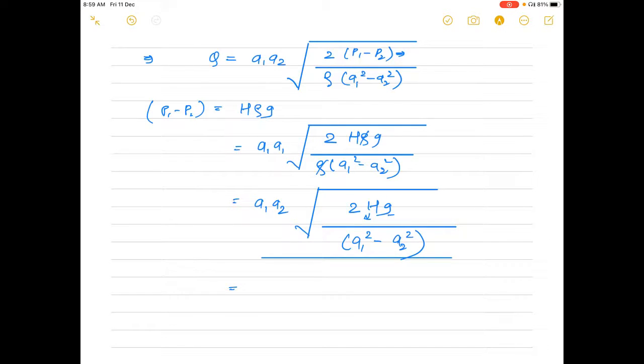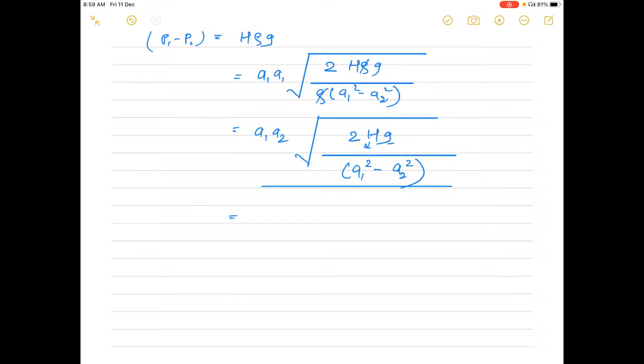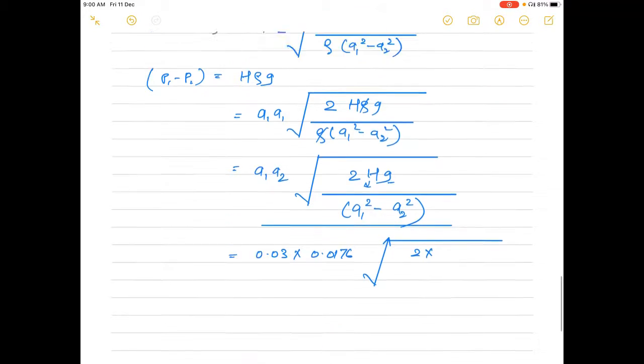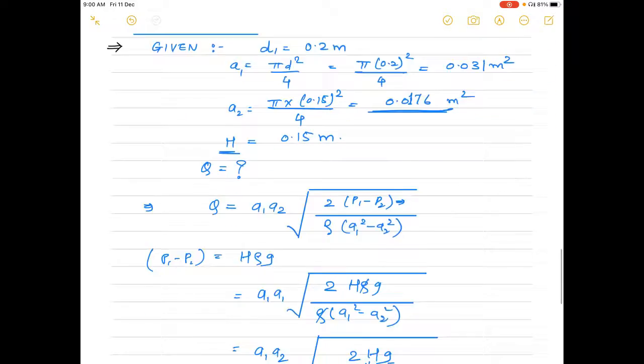So when you substitute all these terms inside the equation, that is A1 is 0.03 into A2 is 0.0176 into root of 2 into H. What is the value of capital H given to us? 0.15 meter.